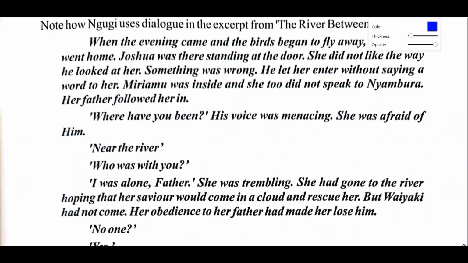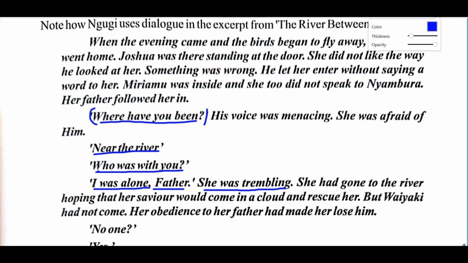So let's look at what happened. So here is now where we have the direct speech. "Where have you been?" So it's a question coming from her father. His voice was menacing. She was afraid of him. Then she answered, "Near the river." "Who was with you?" "I was alone, father." She was trembling. She had gone to the river hoping that her savior would come in a cloud and rescue her.